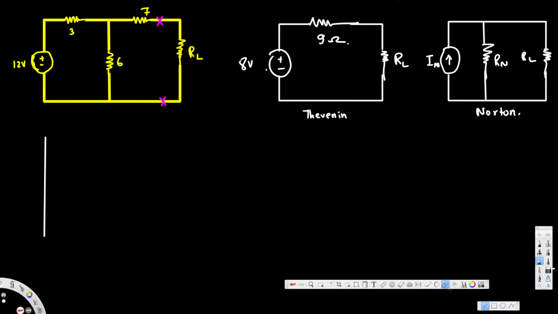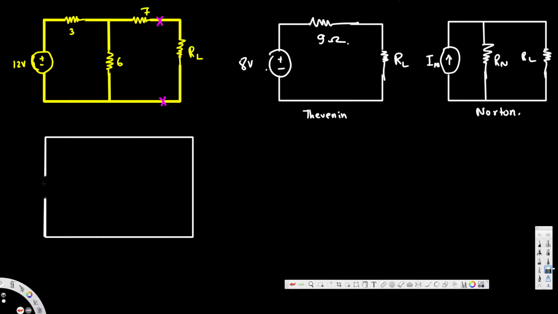Okay, here let's draw the circuit. Here we keep everything as it is, but this is going to be just a wire. Here we are going to have the voltage source, resistance, and another resistance, and here we have a 6 ohm resistance.